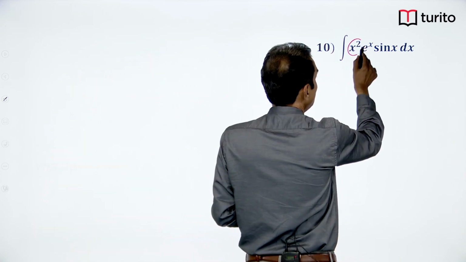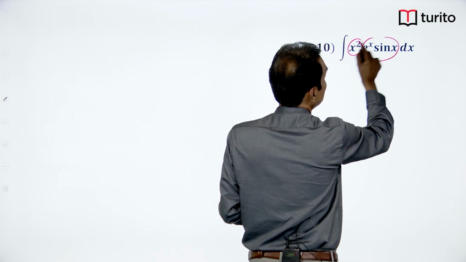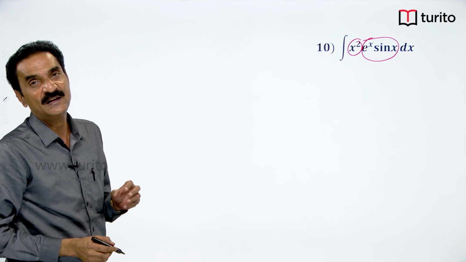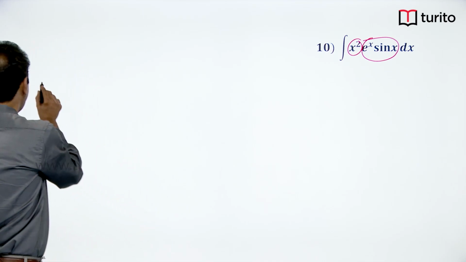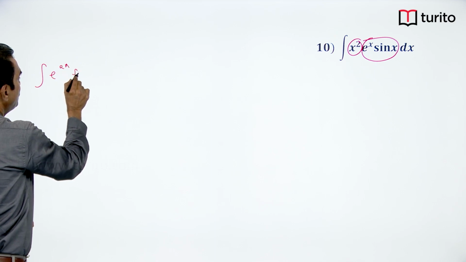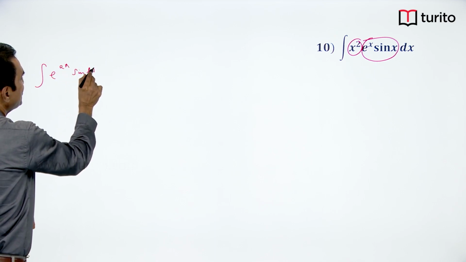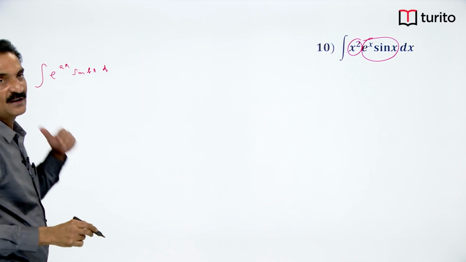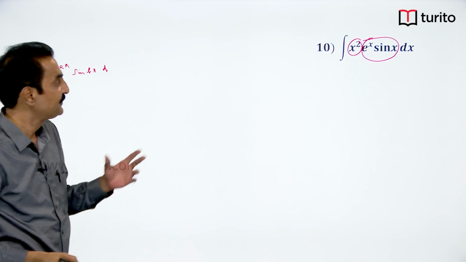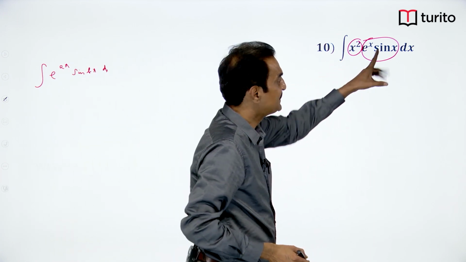You take x square as first function and e power x into sin x as second function, because we already have the formula for integral of e power ax into sin bx dx and also e power ax into cos bx dx. So this is first, this is second.